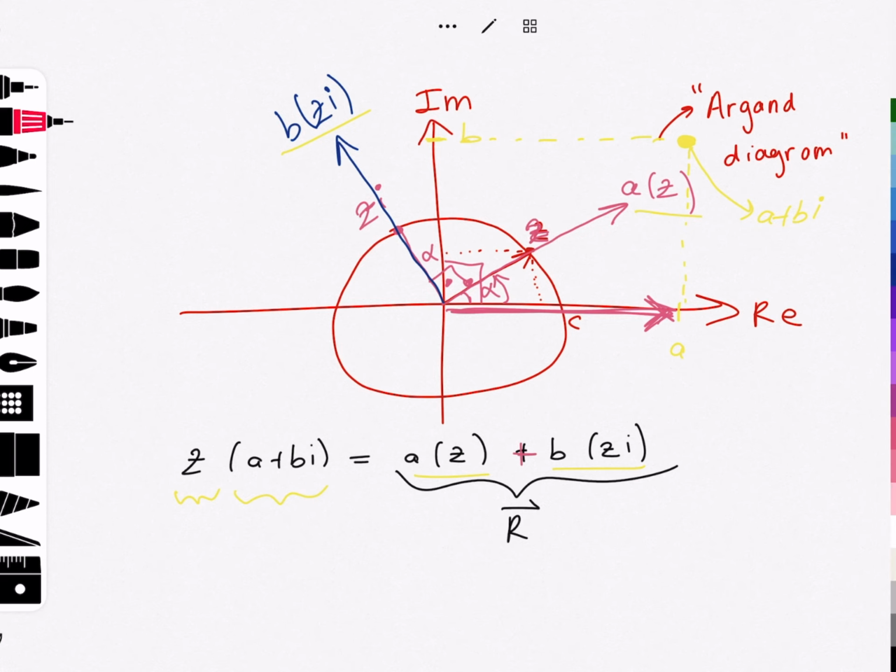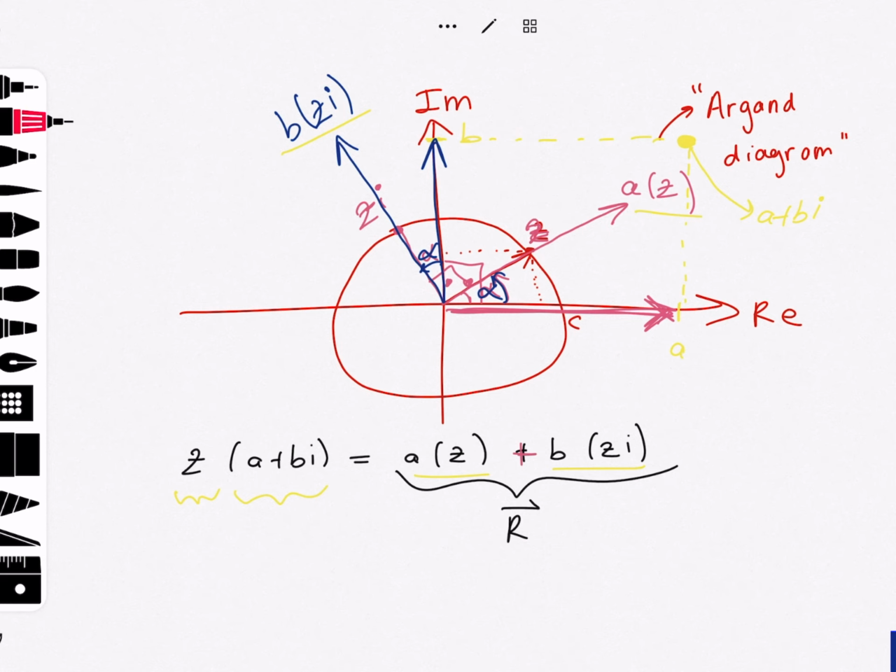And let's draw the vector bi with blue. This is bi. And b times zi is alpha degrees rotated from bi here. This is alpha. And both counterclockwise, of course. Remember, the vector a plus the vector bi gave us a plus bi.